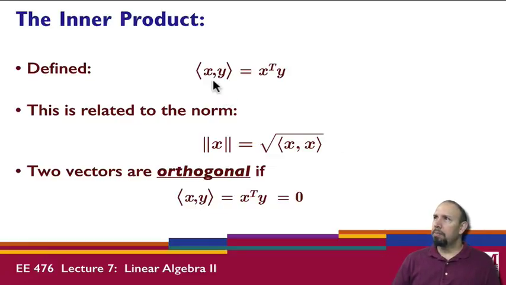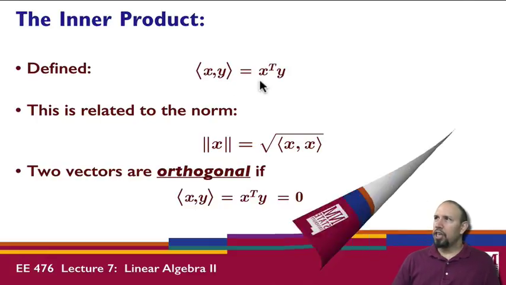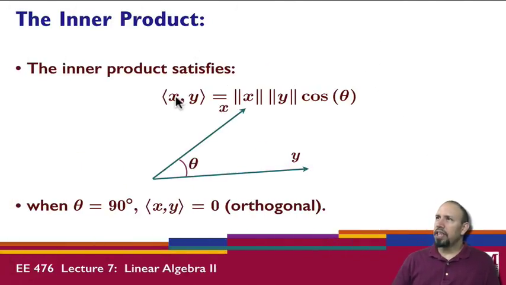Now it turns out there's a relationship between the two vectors in this inner product. If I take the inner product of x and y, I can show that it's equal to the norm of x times the norm of y times the cosine of the angle between the two vectors. So if the angle is 90 degrees, we're going to get 0, orthogonal.